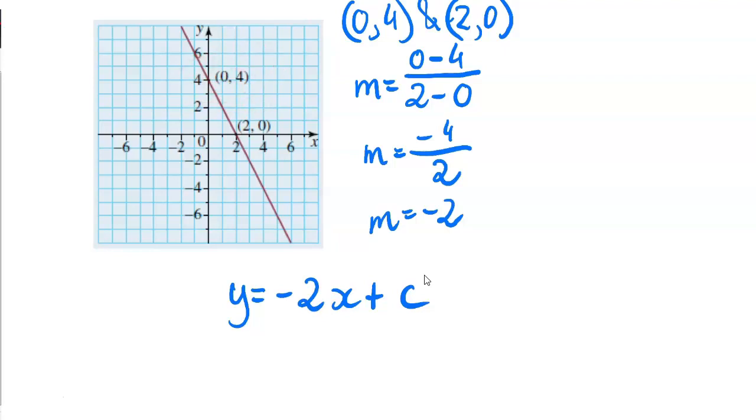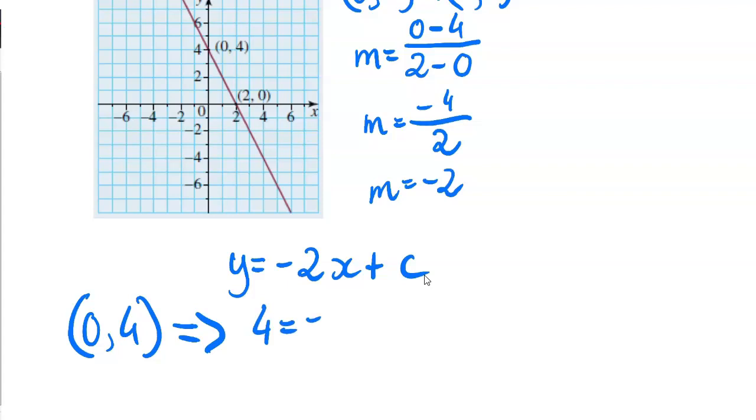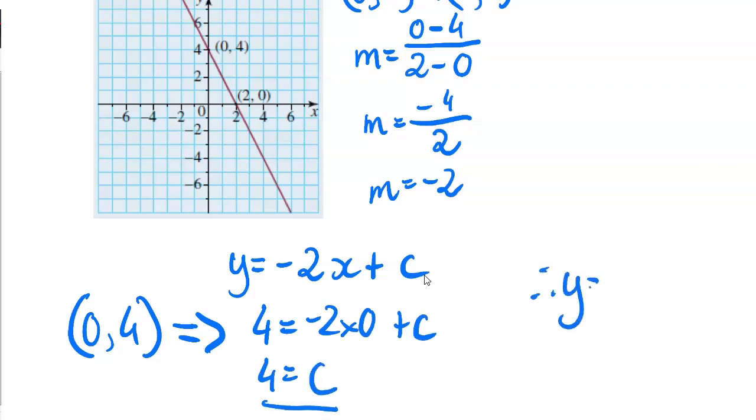So, if that's the y-intercept, well, I'll substitute it in anyway to prove it. That's 0, 4, substituting in to give you 4 equals negative 2 times 0 plus c, so that's 4 equal to c. So therefore y equals negative 2x plus 4.